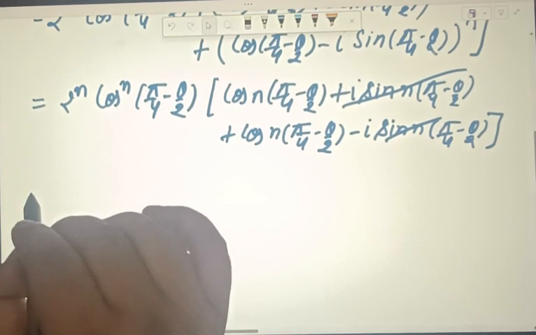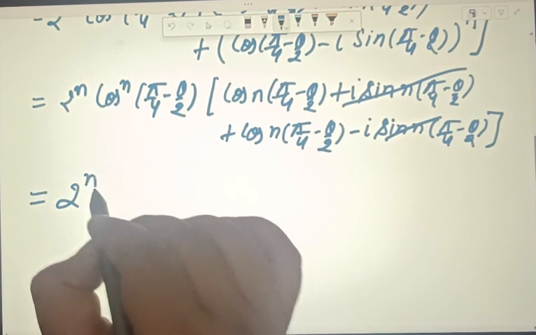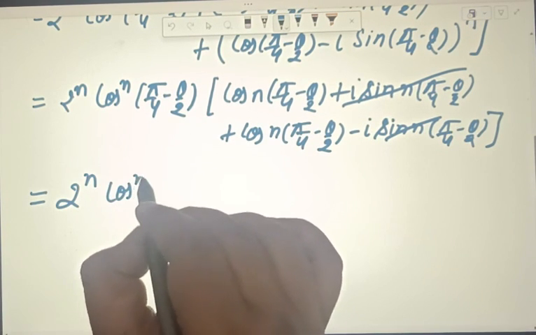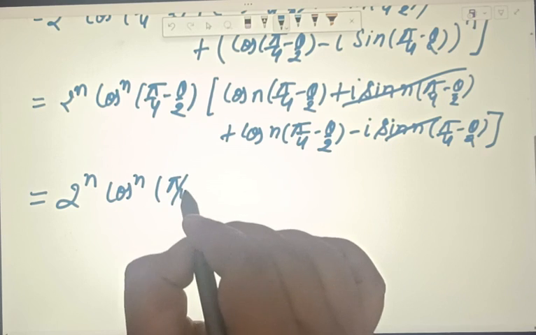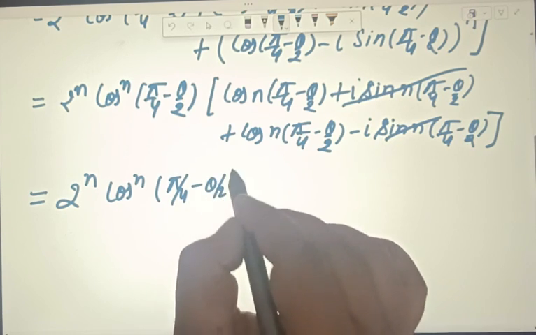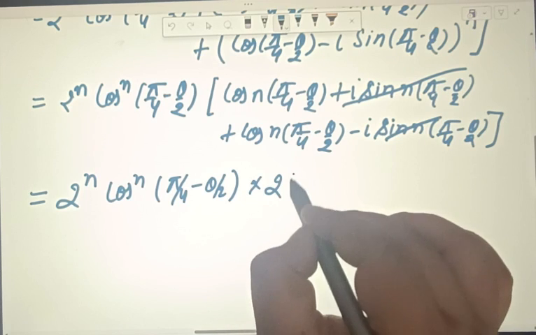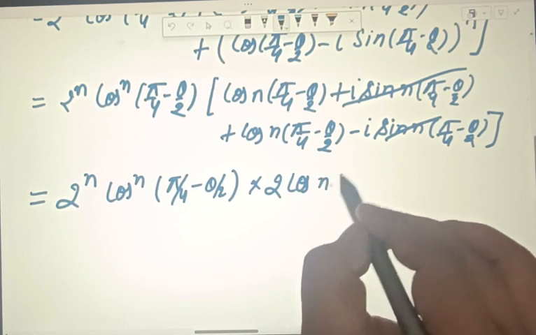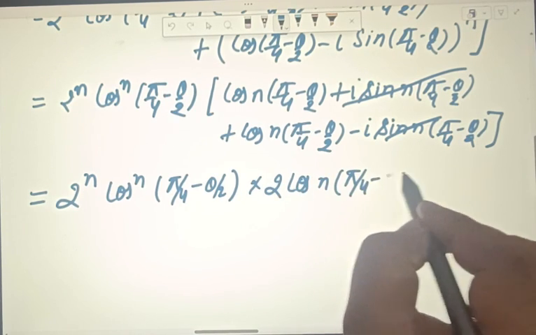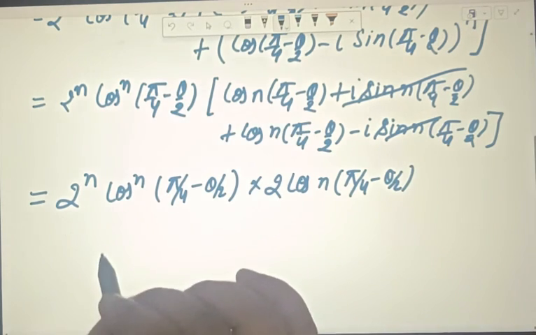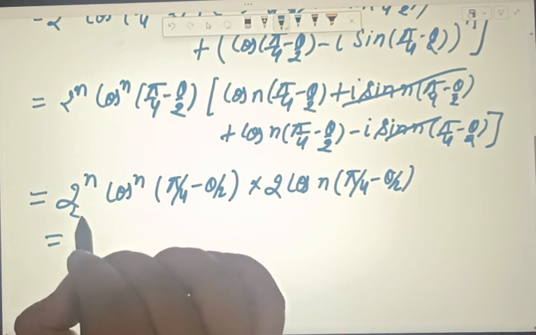What about the remaining terms? You get 2 to the power n cos n(pi/4 minus theta/2), and it is 2 times, so 2 cos n(pi/4 minus theta/2).